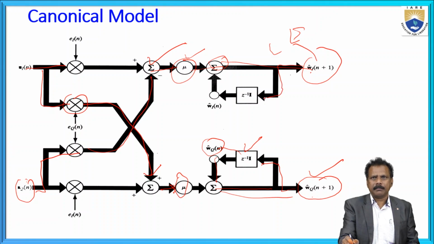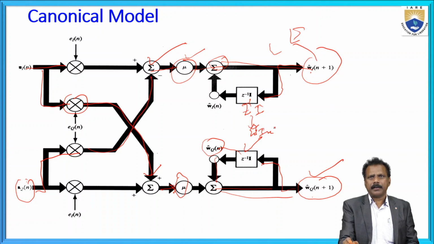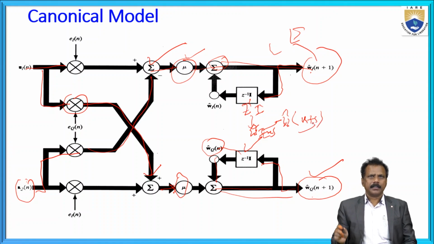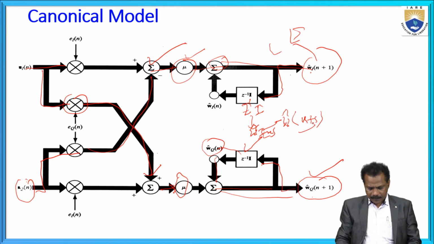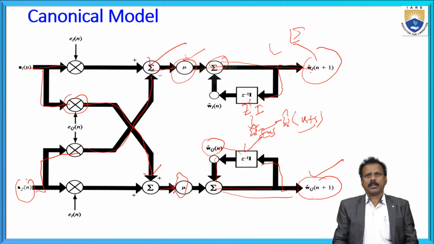You can give the feedback here. Z power minus 1 into I. It is given to that w cap of I of n. After that, we have to decide how it is w cap of n plus 1. Like this, to develop the canonical model.